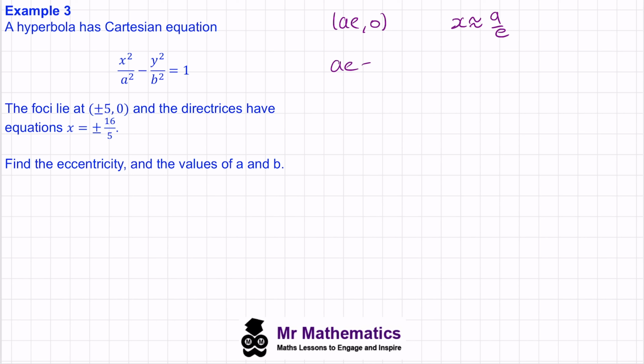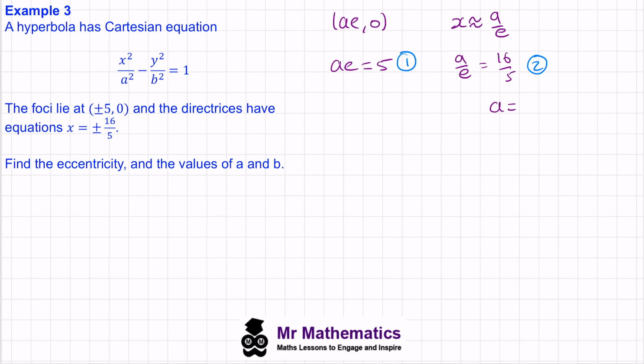So ae equals 5, we'll call this equation 1, and a/e equals 16/5, and we'll call this equation 2. So if we make a the subject of equation 2, and then substitute that into here, we can find e.